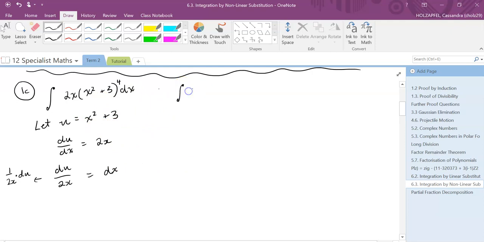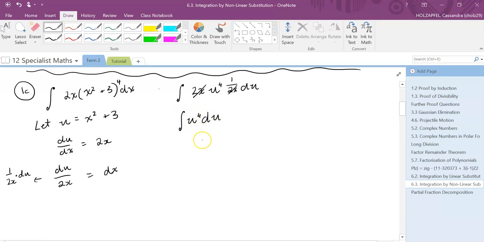Okay, so we can substitute into my original expression now. So we have the integral of 2x times by u, I don't need to put that in brackets, to the power of 4 times by 1 over 2x du. And again, this is really nice because these two terms are going to divide and be equal to 1. And so now I'm just going to be left with the integral of u to the power of 4 du.